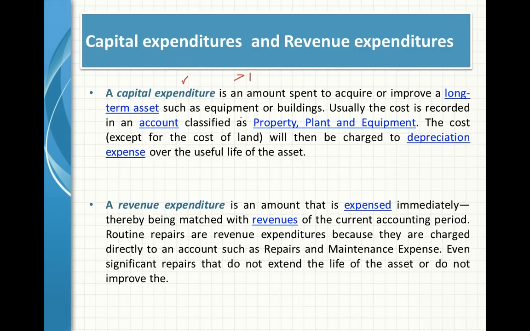If the benefit is less than a year, we record it as OPEX, revenue expenditure. For example, salary is a revenue expenditure. Utilities, and office supplies like stationery, are all revenue expenses.